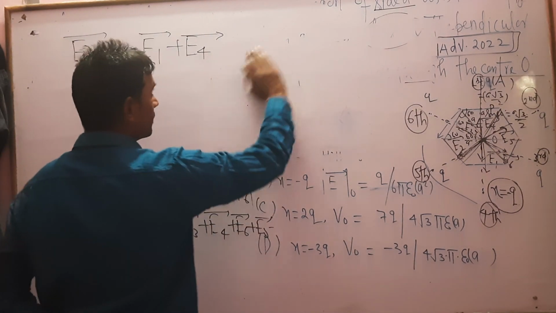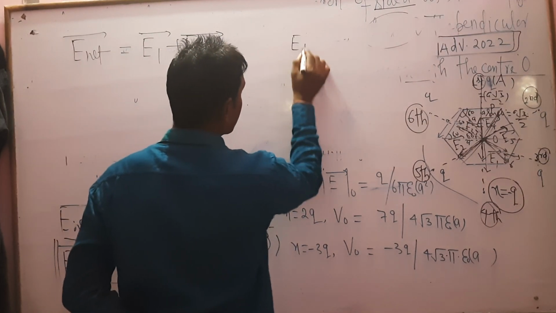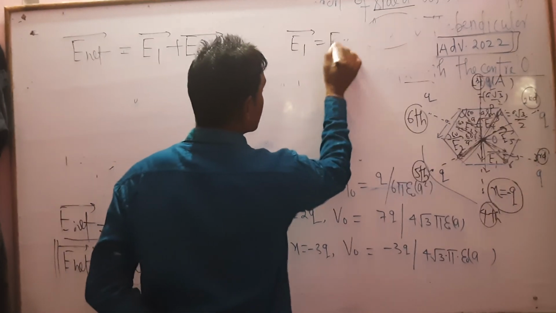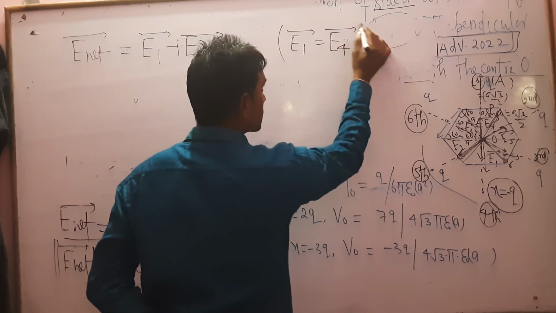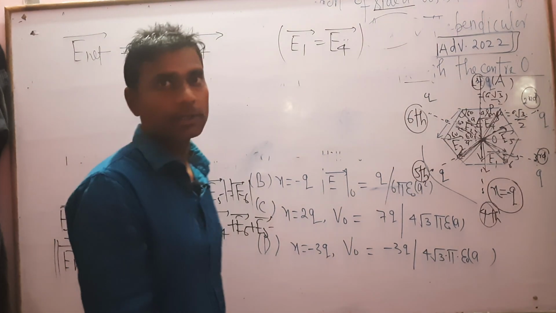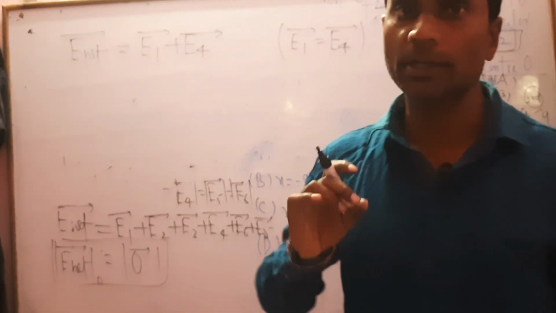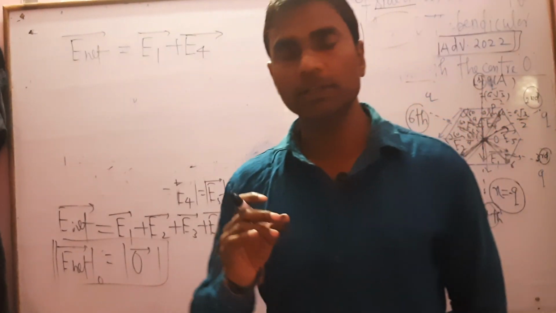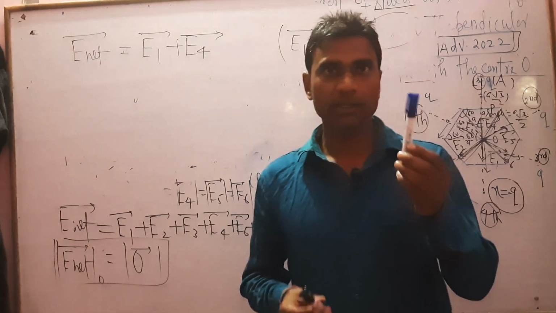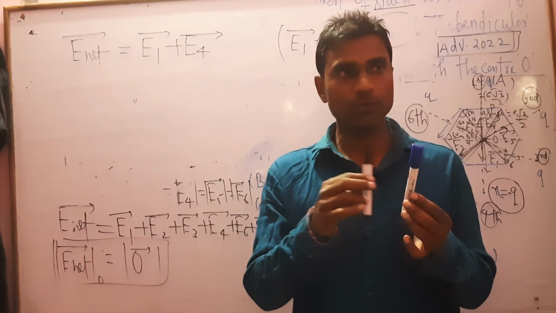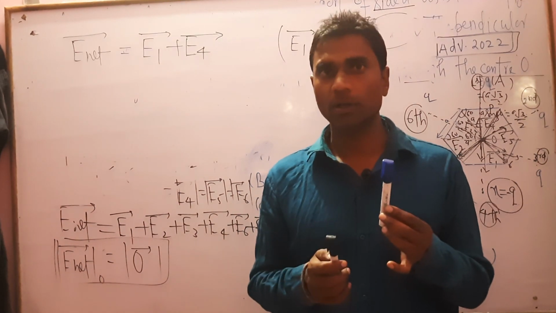The value of E1 and E4. We know that the value of E1 vector equals E4 vector, because if any two vectors are equal, then their magnitude and direction will be equal. Let us suppose this is the first vector and this is the second vector. These two are equal vectors, which implies magnitude and direction both are equal.